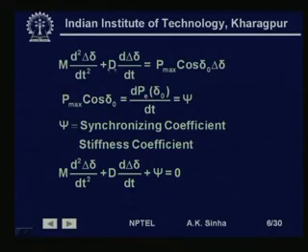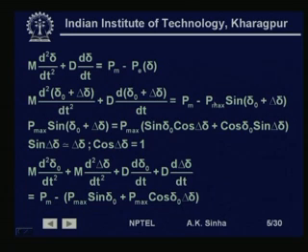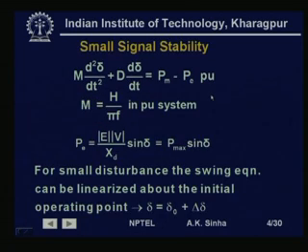So, we normally write this P max cos delta 0. Actually, what is this P max cos delta 0? If we see this expression, Pe is equal to P max sine delta, and if we differentiate this, then we will get P max cos delta.